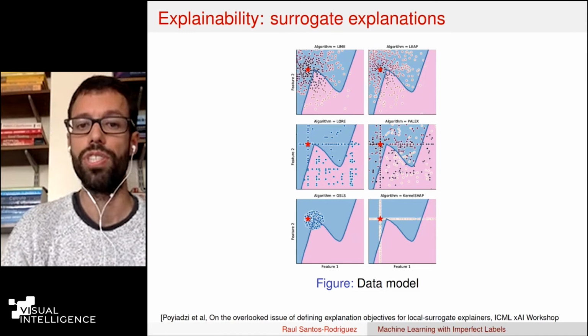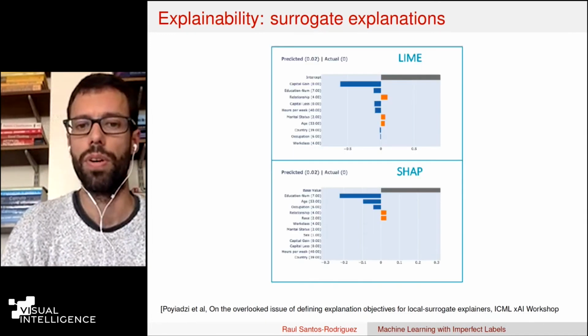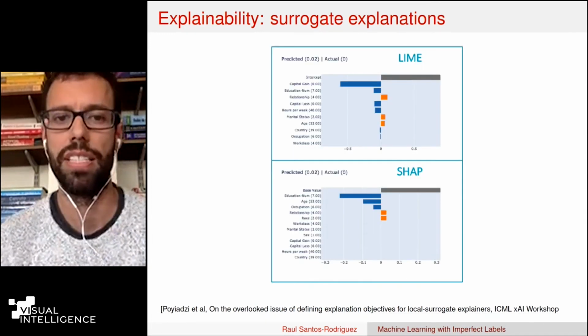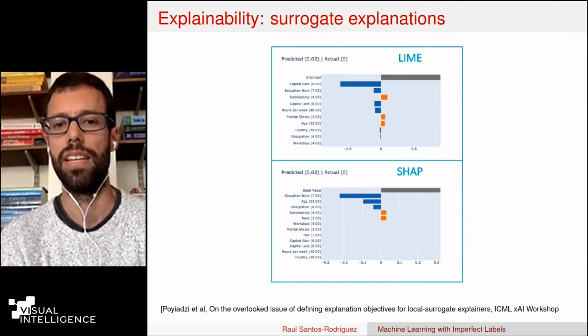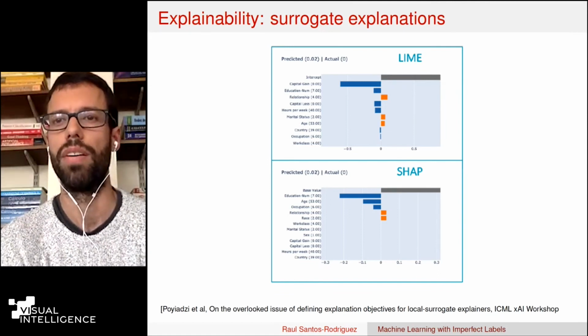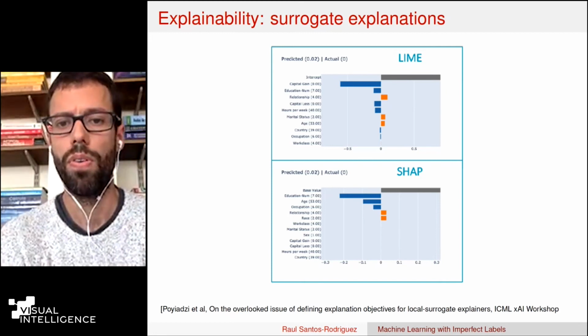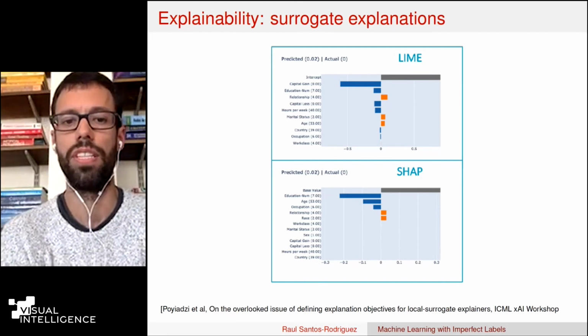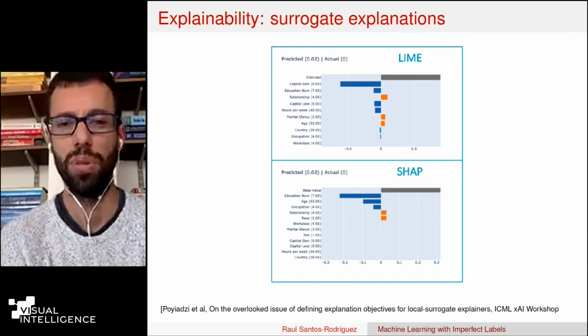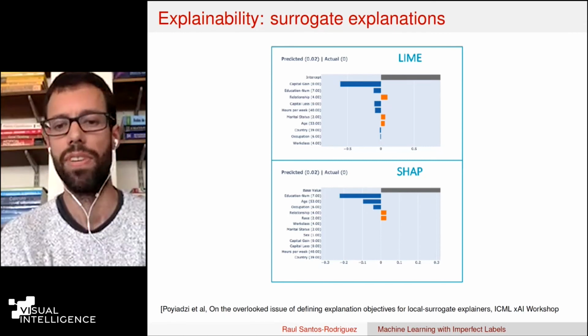And when you see this with a concrete example, like in this case, with data from the adult data set from UCI, you see that 2 explainers on the same example produce drastically different predictions.